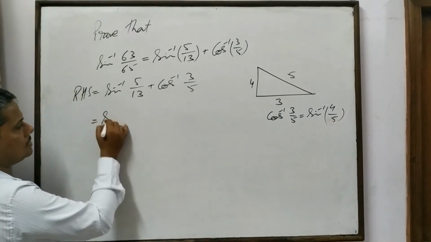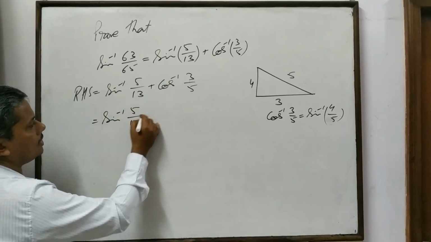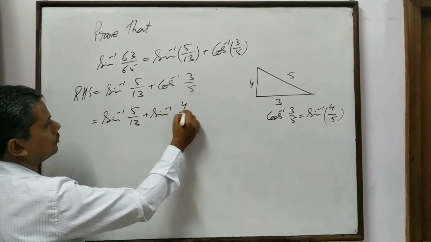Using that, this is sin inverse 5/13 plus sin inverse 4/5.